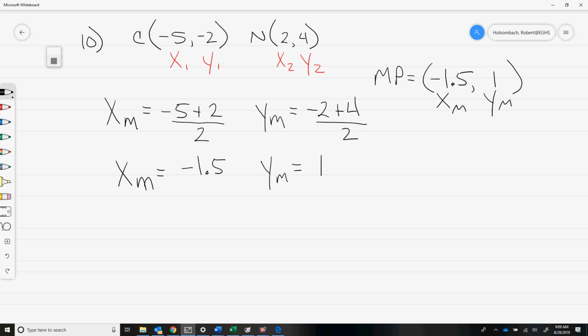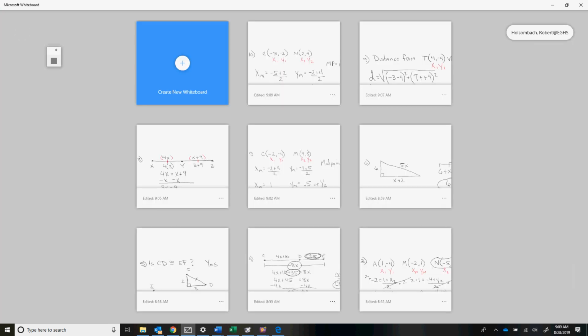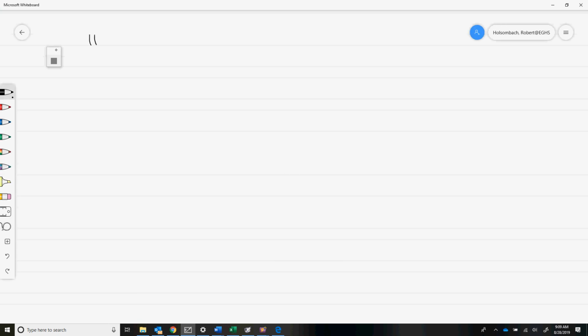Number 11. Distance formula. Distance. You got point S at 6, -2. Point V is at -5, 4.